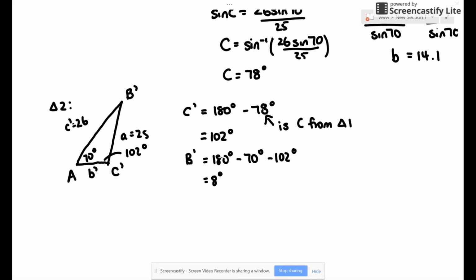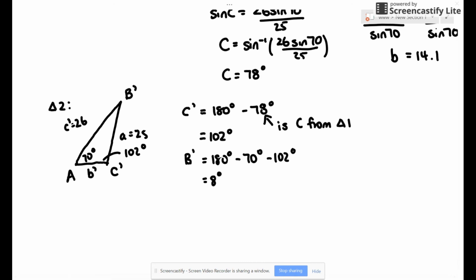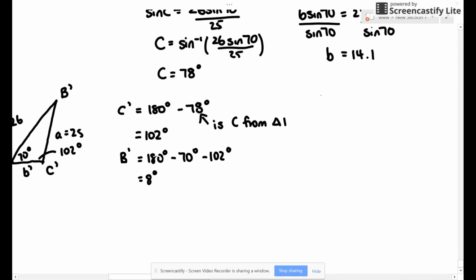And then the last thing that I need to do is figure out the length B prime. So we're going to use B prime over sine B prime, which is 8 for us, equals, again, we're going to use the angle and side ratio that we were given originally in the question. So that means 25 over sine 70, side A and angle A. We're going to do exactly the same thing. We're going to cross multiply.